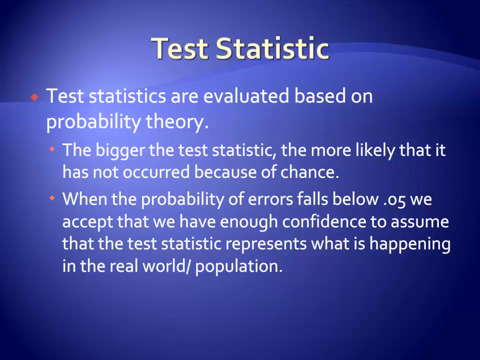The bigger the statistic, the higher the probability that it did not occur by chance. When the statistic falls within a range that is below the 5% threshold of error, then we have enough confidence to say that it represents what is happening in the real world. This means it's statistically significant.